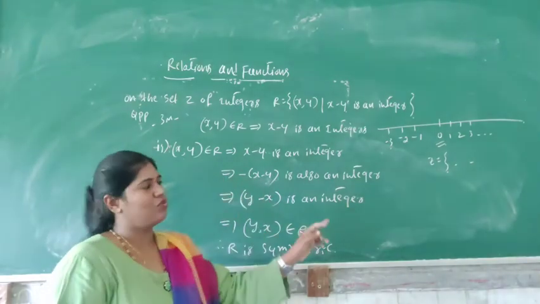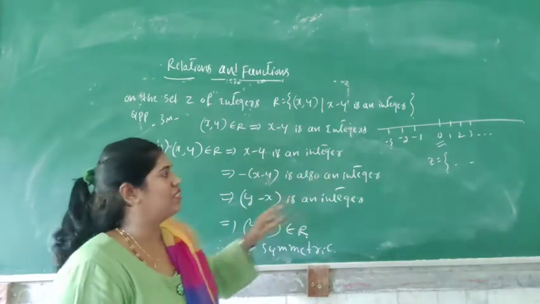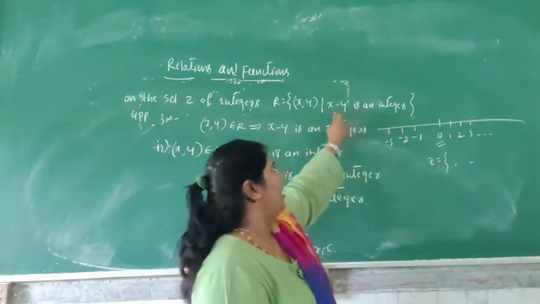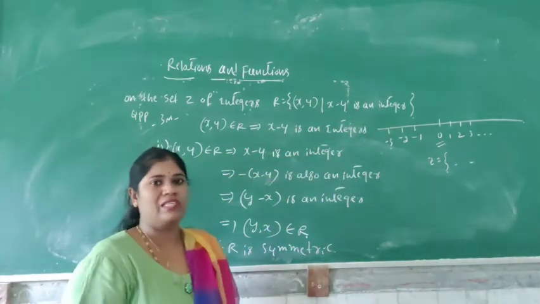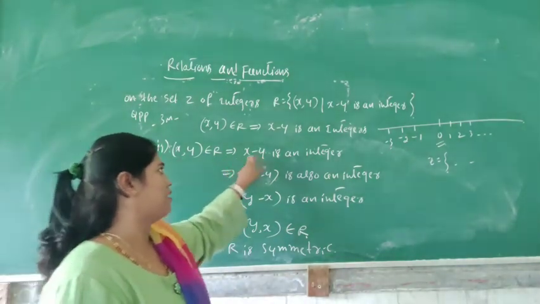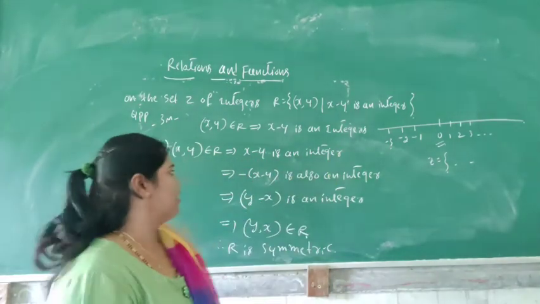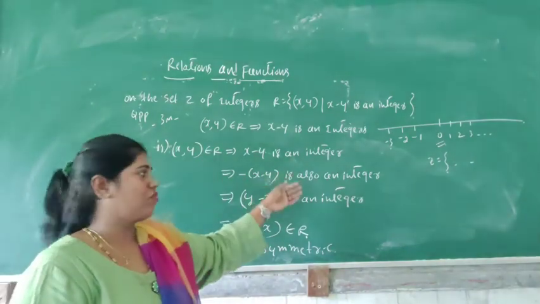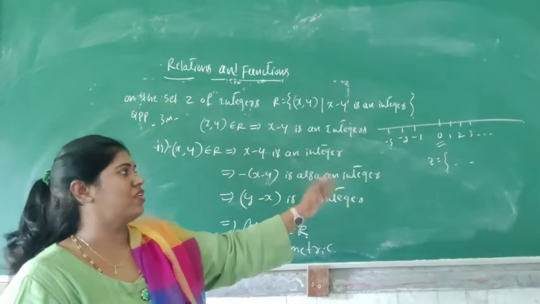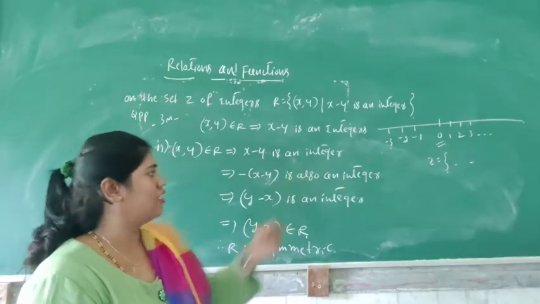If xy belongs to R, x minus y is an integer. We have to use this. According to what is in the set R, we write the equations like this. If xy belongs to R, it implies x minus y is an integer. Minus of x minus y is also an integer, because we can check the integer set: positive integers, negative integers.